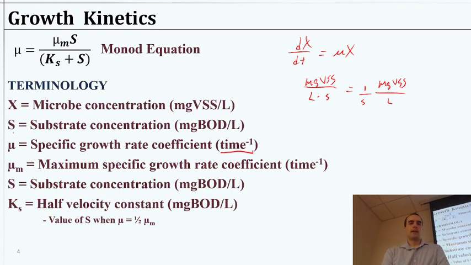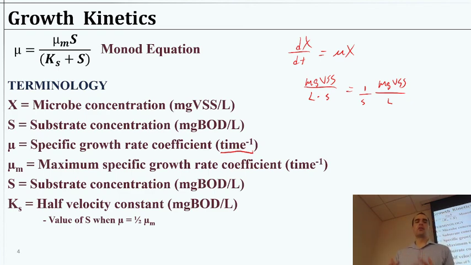S, as I mentioned, is the substrate or the food concentration. That's milligrams BOD per liter. And then X, of course, is our microbe concentration. That leaves us with Ks. This is called the half velocity constant. It's the value of S, the food, when the specific growth rate is half of its max.